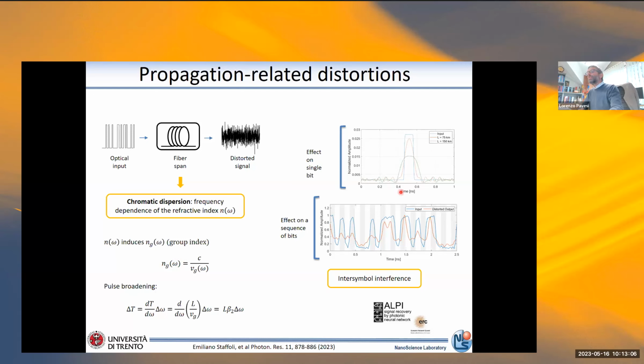The pulse broadening is such that we have intersymbol interference, which means we lose the information about whether the bits coming out of the fiber are 1 or 0. Our goal is to use a neural network to recover the input information, meaning to mitigate the chromatic dispersion.